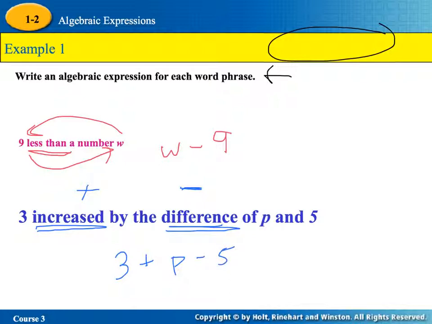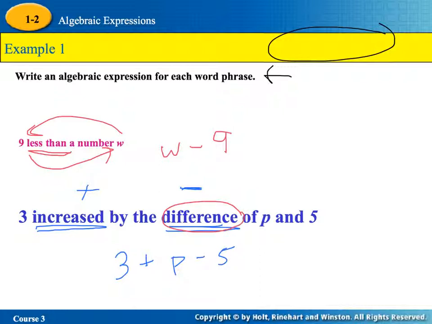Okay? But I want you to be very careful. Remember at the very beginning when we talked about sum, difference, quotient, and product? Those were answers to addition, subtraction, multiplication, and division problems. The word difference means the answer to a subtraction problem.